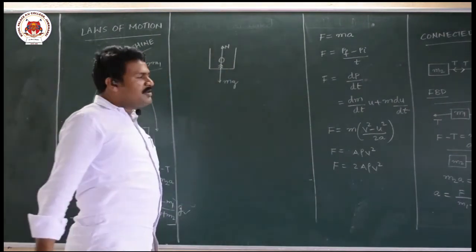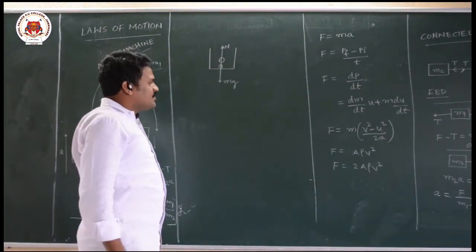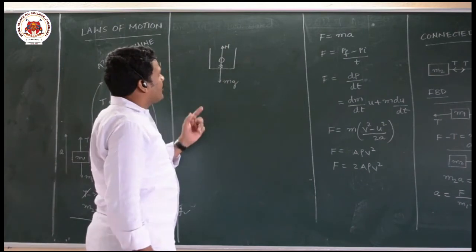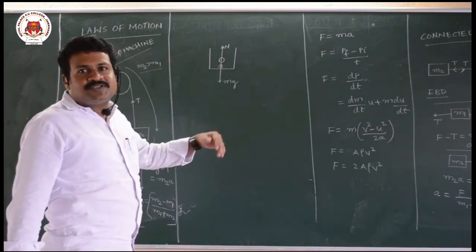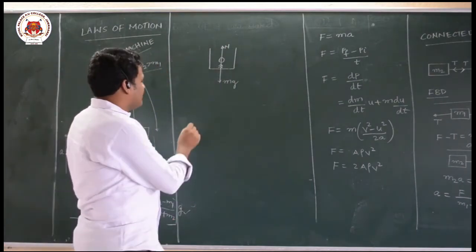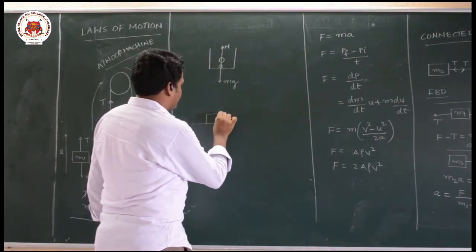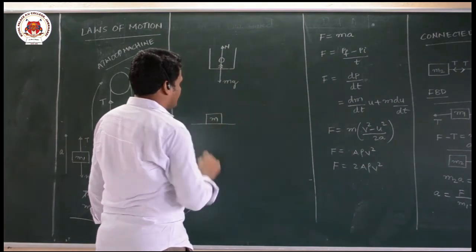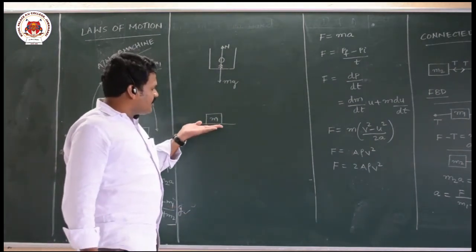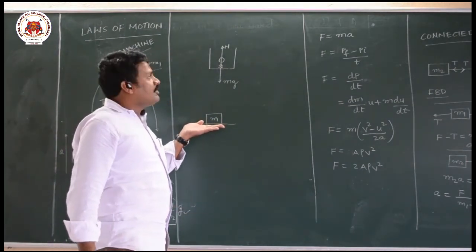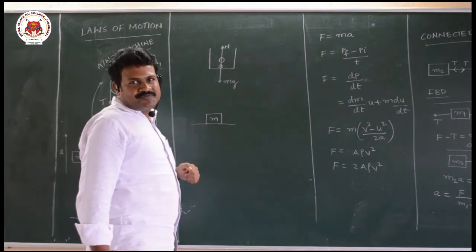What is the definition of normal reaction? The force which acts perpendicular to the lower surface of the upper body when two bodies are in contact. Suppose this is a block, and this block is resting on the ground. So there is a contact between these two. Normal reaction is a contact force.